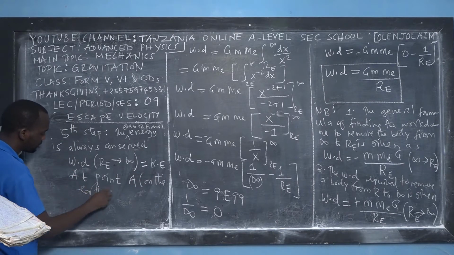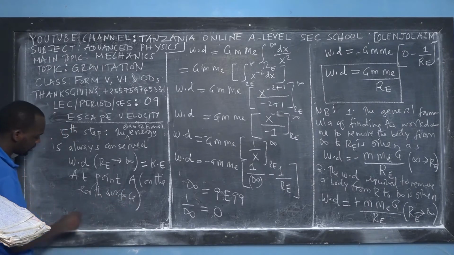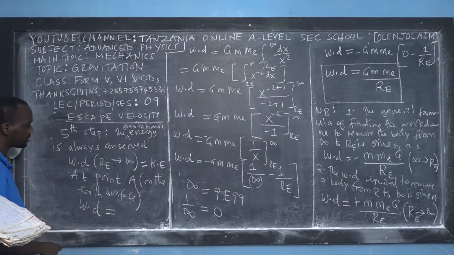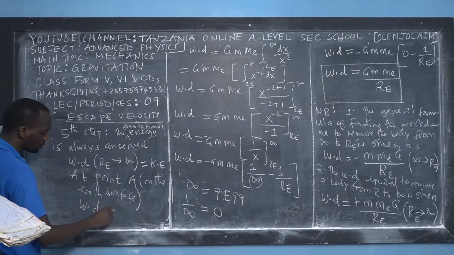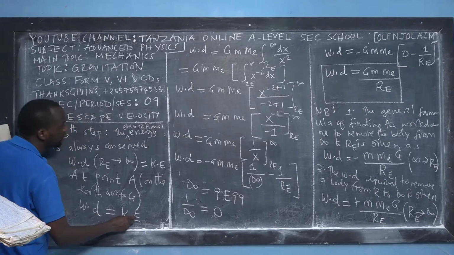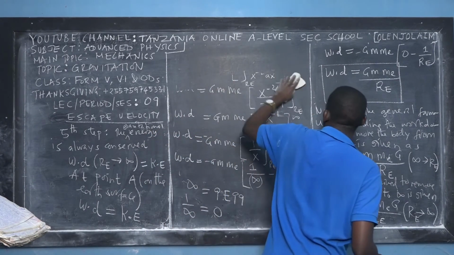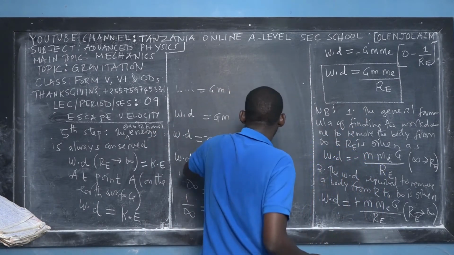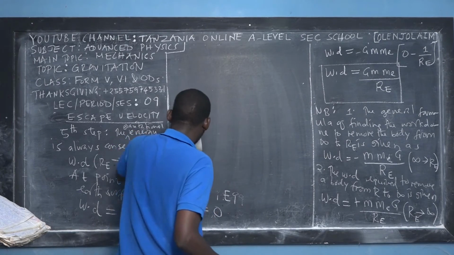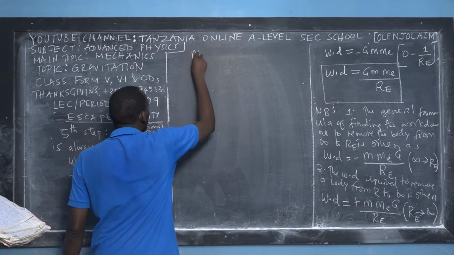On the Earth's surface, the work done required to remove the body from the Earth's surface to infinity is equal to the kinetic energy that will cause that body to move from the Earth's surface to infinity.